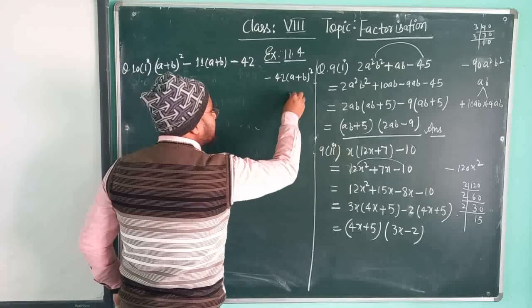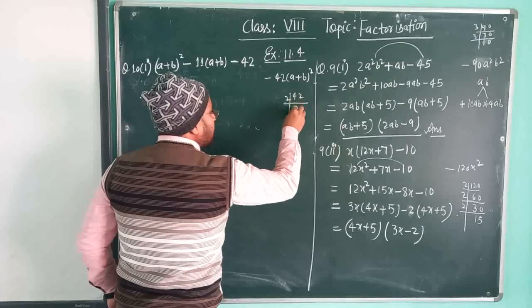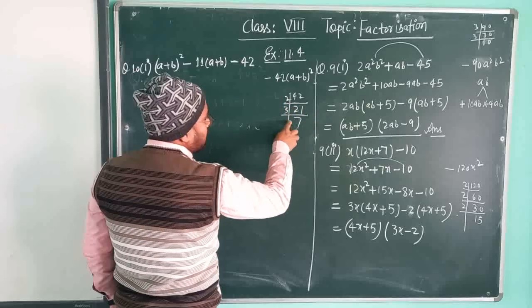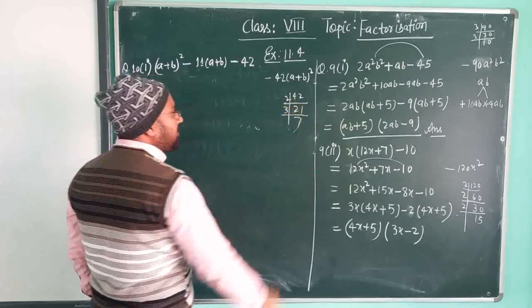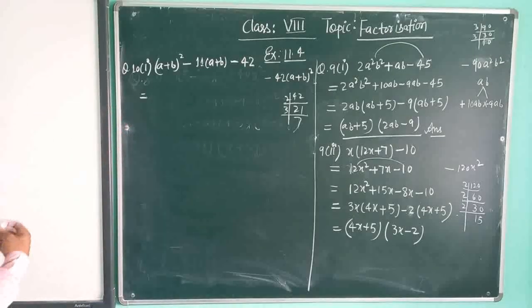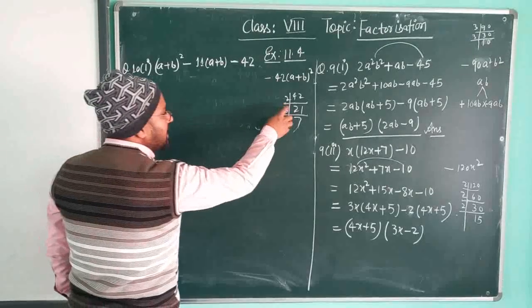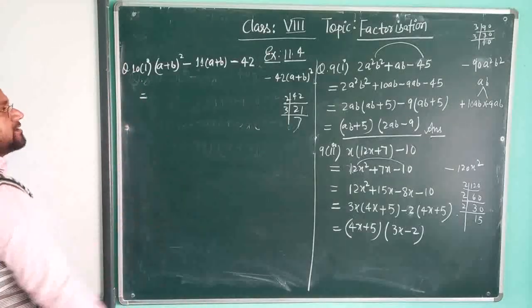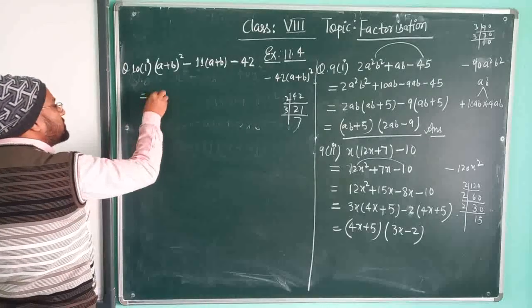So you can check this by factorizing: 14 minus 3 you are getting 11. And 14 times 3 is 42. Okay, so it is easy for us to do this one.